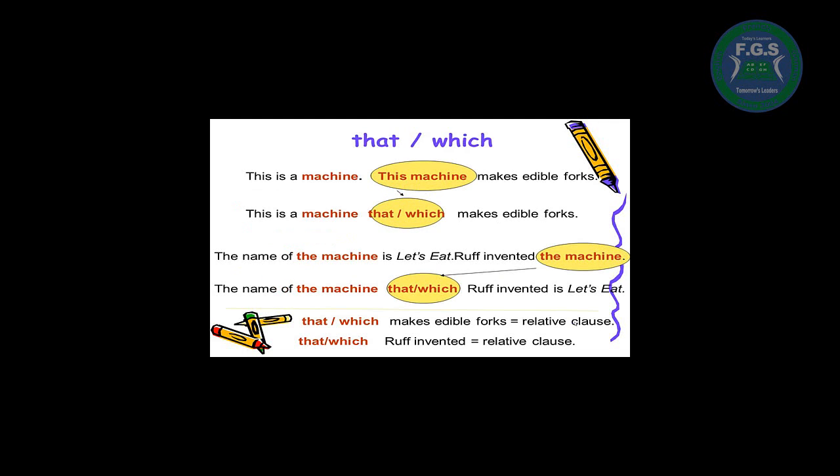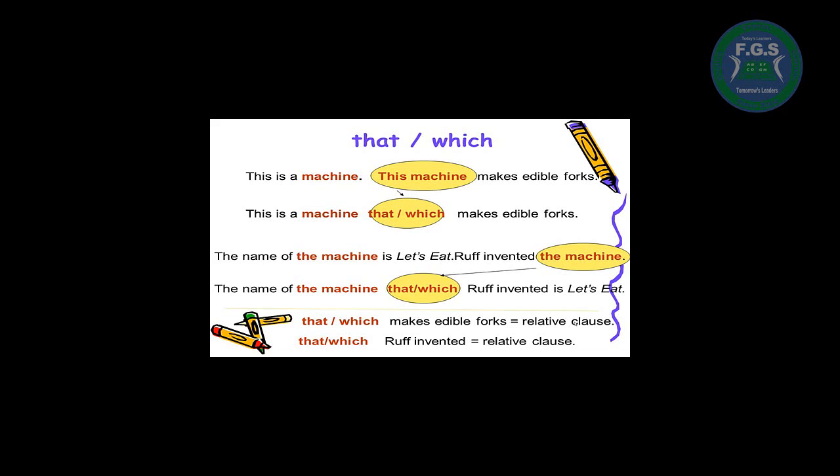That or which. For example, this is a machine. This machine makes edible forks. The meaning of the word edible is you can eat them. So, with the relative clause, I'll say: this is a machine that or which makes edible forks. Another example. The name of the machine is Let's Eat.